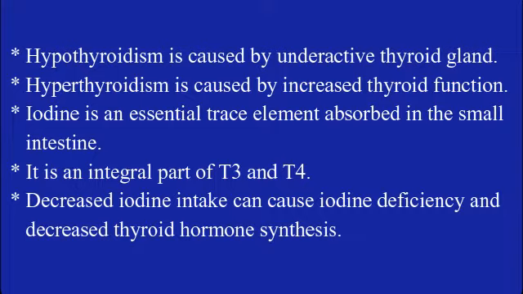Iodine deficiency can cause cretinism, a condition characterized by physical deformity and learning difficulties. It can also lead to goiter, myxedema coma, and hypothyroidism. Sources of iodine, as we all know, include iodized table salt, seafood, seaweed, and vegetables.